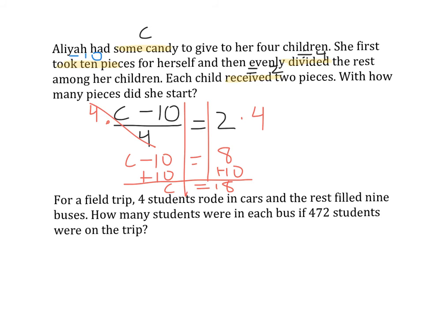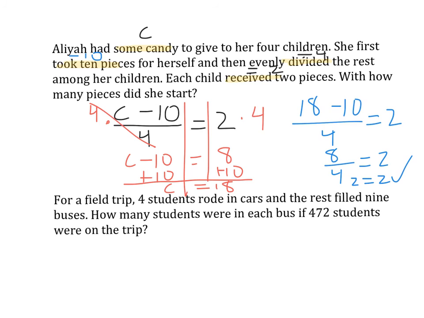We can always check our answer, so let's substitute that 18 back in where C was. We'll take 18 minus 10 divided by 4 and see if that is equal to 2. 18 minus 10 is 8. Dividing that by 4 is 2, and we end up with 2 is equal to 2. So we know that she started with 18 pieces of candy.